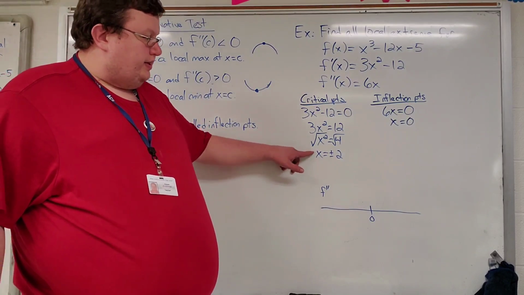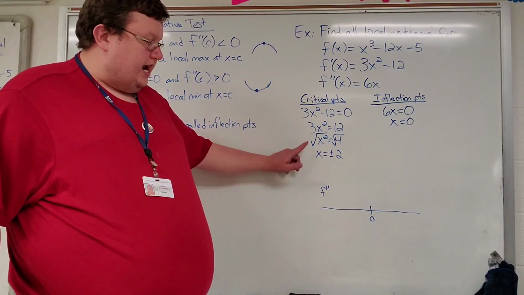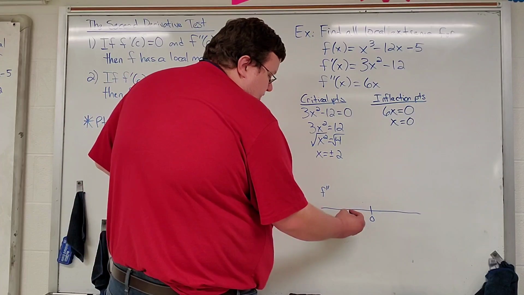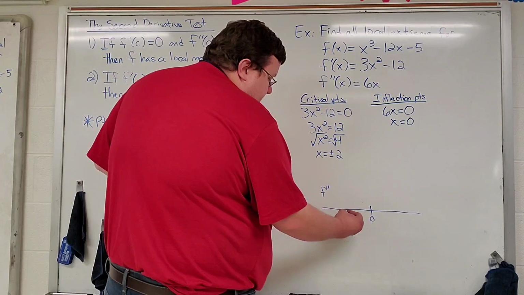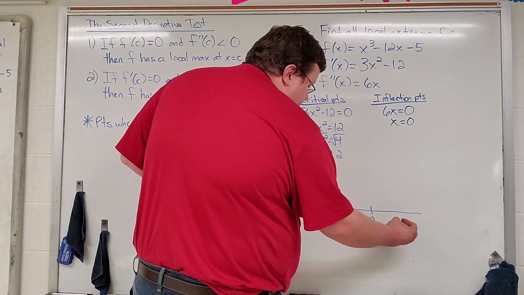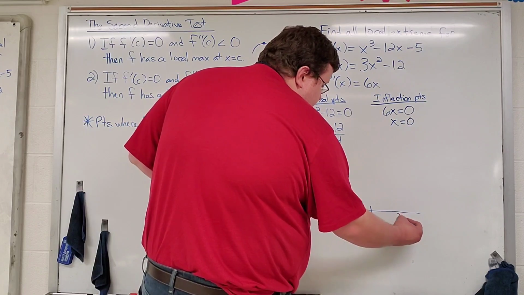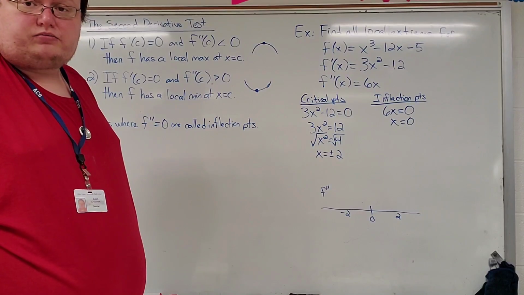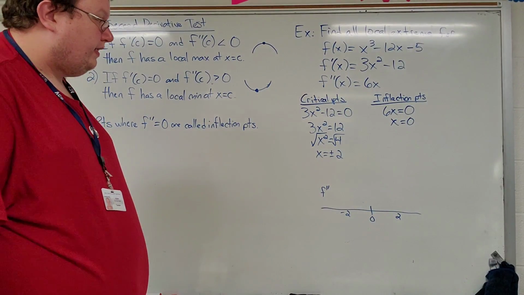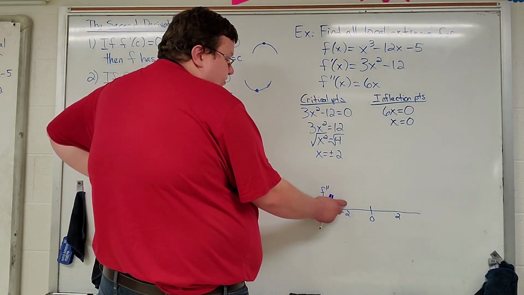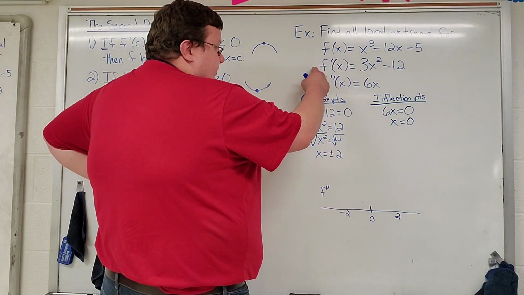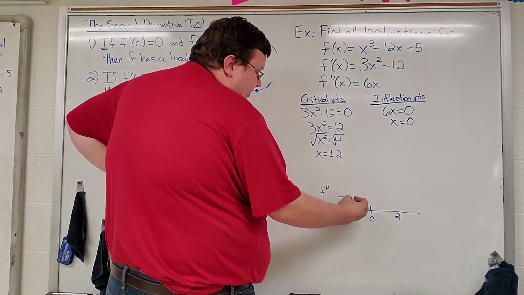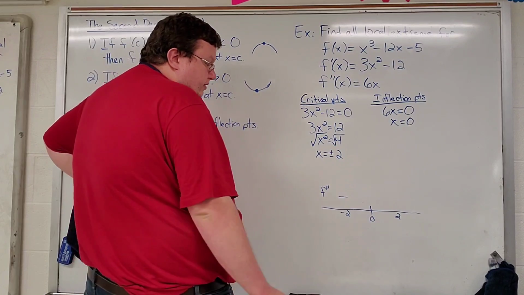And since we know that our criticals are positive 2 and negative 2, we can use those as our test values on either side of 0. So if we put negative 2 into the second derivative, we get 6 times negative 2. That's going to give me a negative 12. It's negative though.